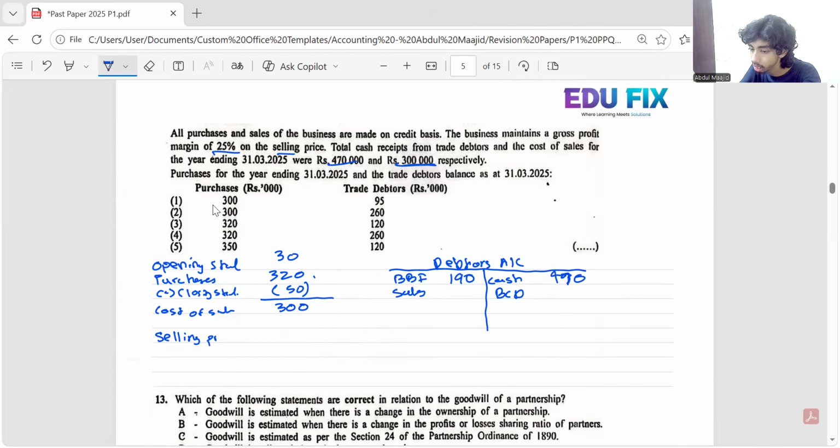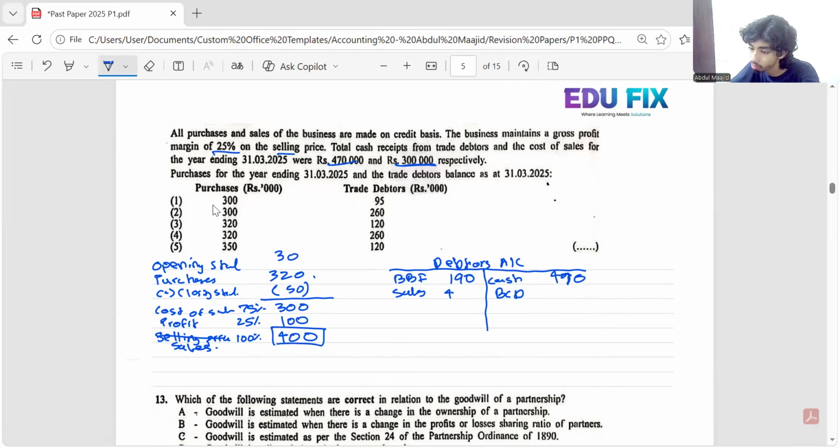The profit you are calculating on selling price. Therefore, profit is 25% on selling price. Then if out of selling price 25% is profit, cost of sales will be 75%. Then 300 divided by 75 into 100, the sales value will be 400. This is the total sales value. That means the profit is 100. Now this entire sale is done on credit, right?